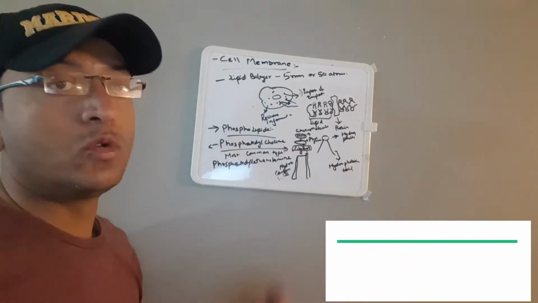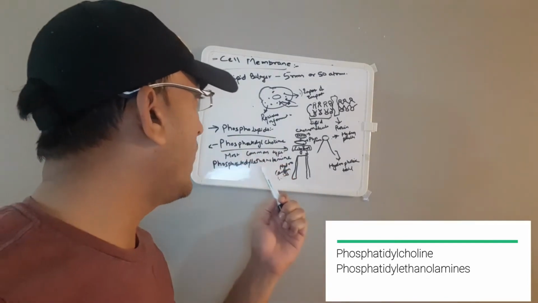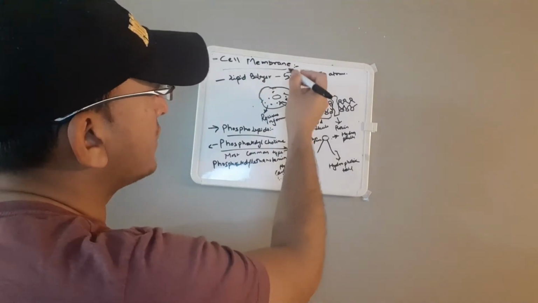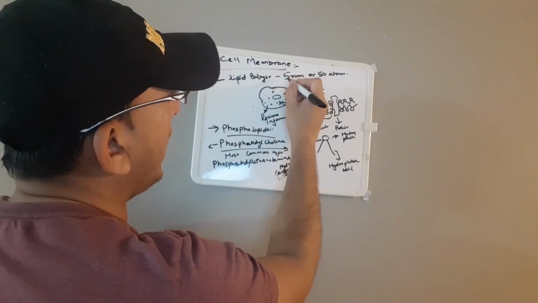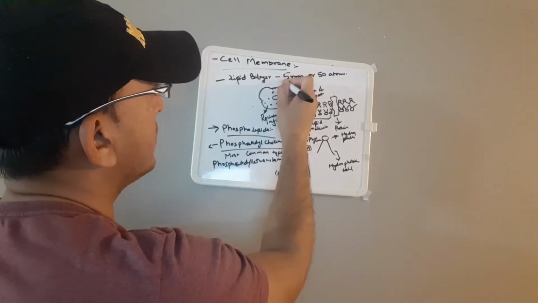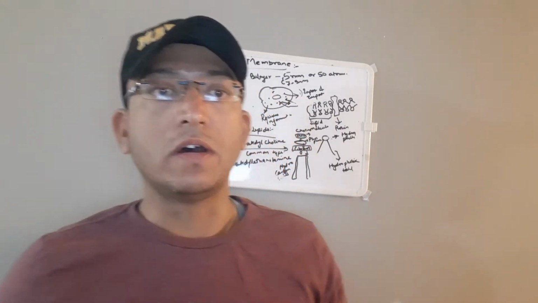So these two major lipids are found in the cell membrane. The lipid bilayer thickness ranges from about 5 to 7.5 nanometers.